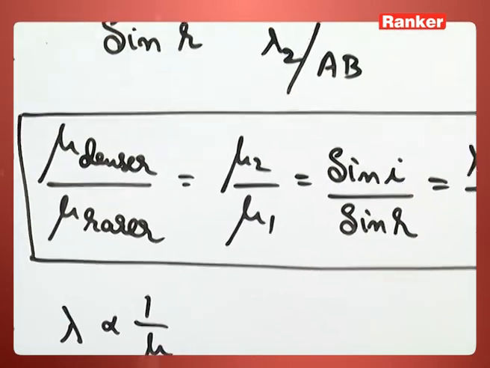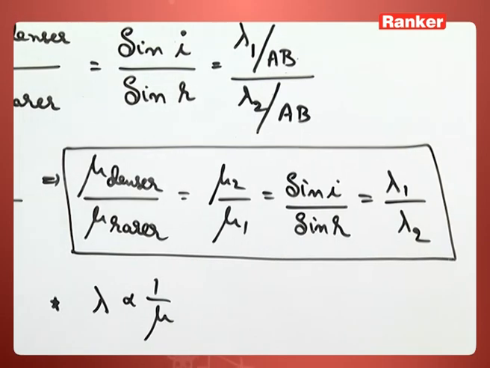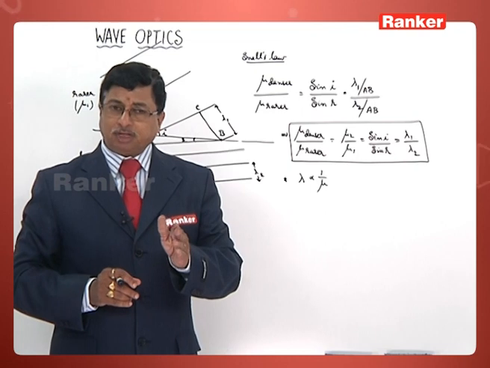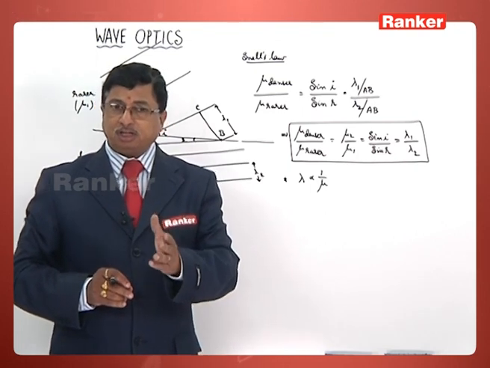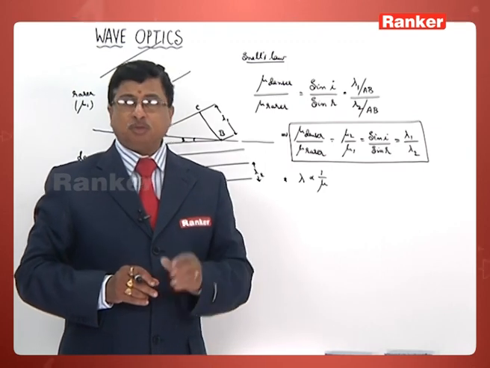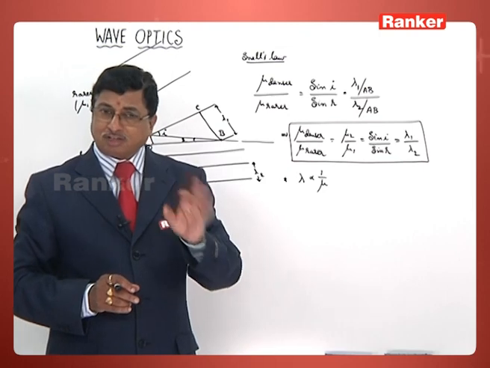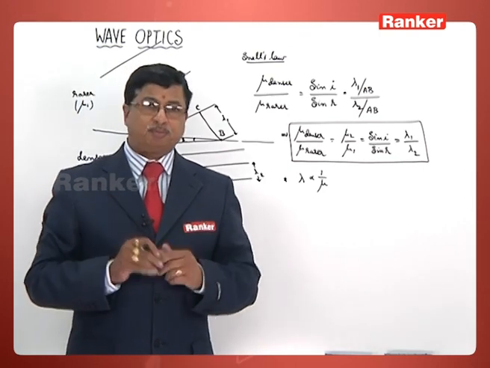In which medium is the wavelength of light greatest? It is obviously air. Next comes water. Least of all will be in glass. So the moment we understand that the value of mu is increasing, the wavelength automatically decreases.